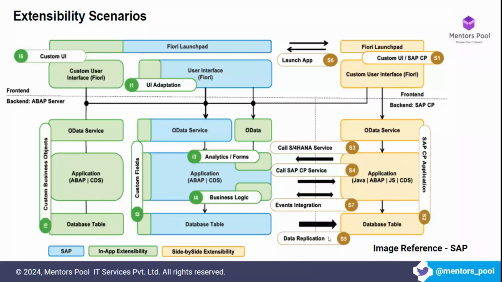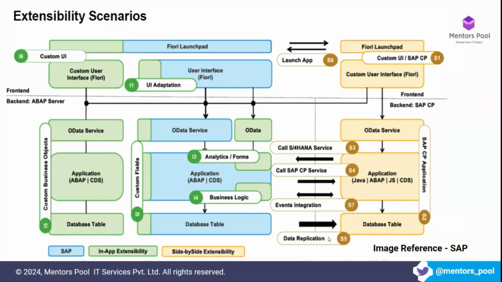But if you want to build a custom interface, if you want to entirely change a Fiori app depending on your customer's or client's needs, you want to entirely change the OData service behind it, or build that service new or to an extent newer, and you want to add new database tables or custom tables, or add custom fields into standard tables, that comes under the purview of custom business objects, and that would be called in-app extensibility.